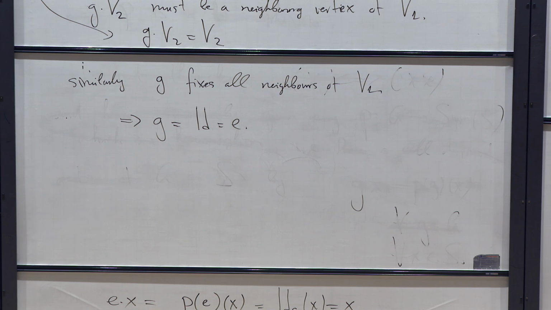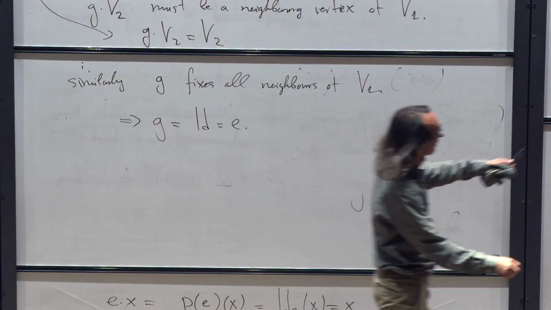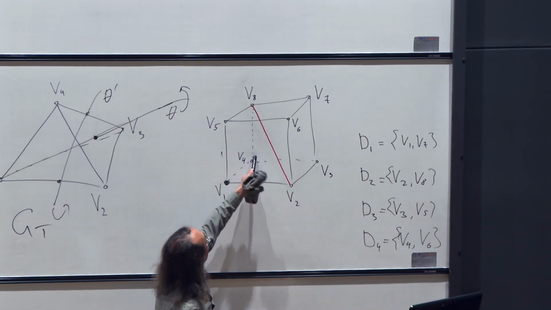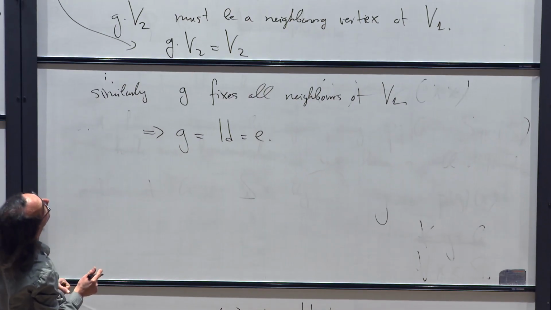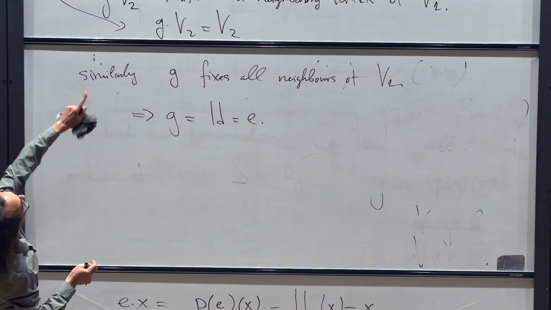The only rotation that fixes these 4 vertices is the identity. So we are good here. That proves the claim in that case.